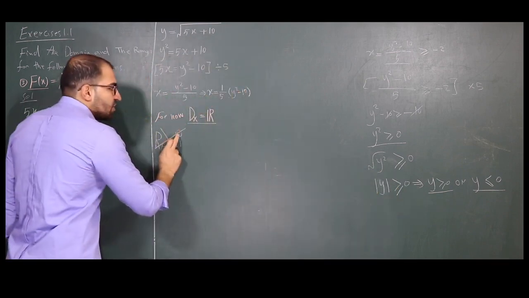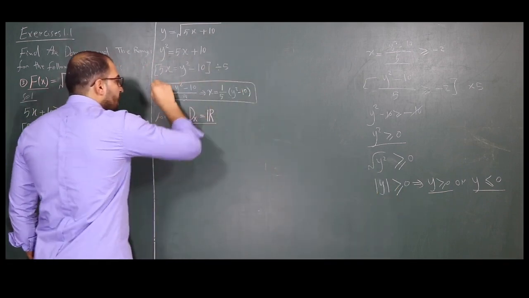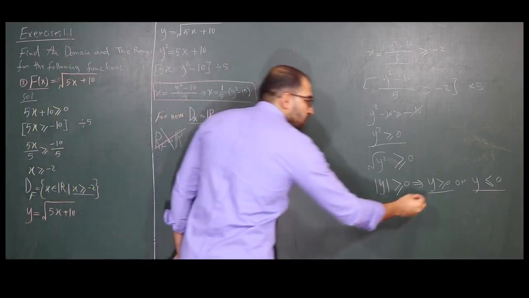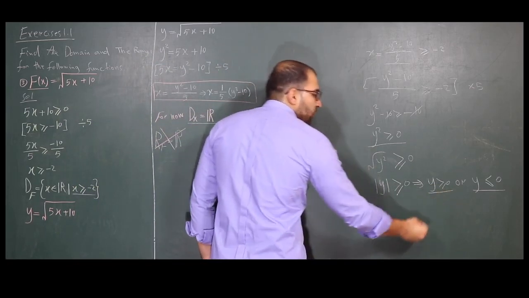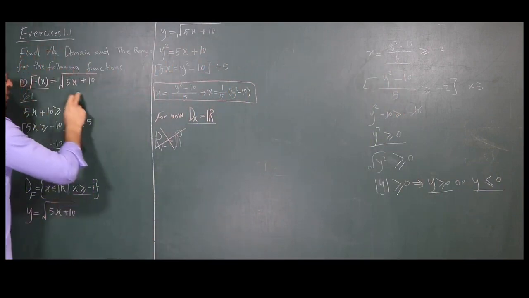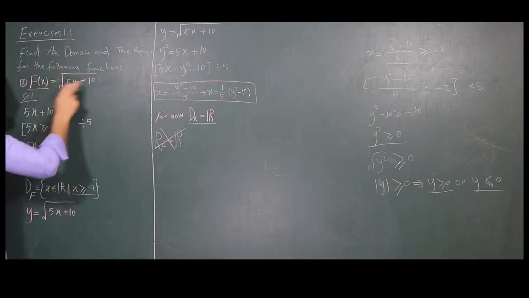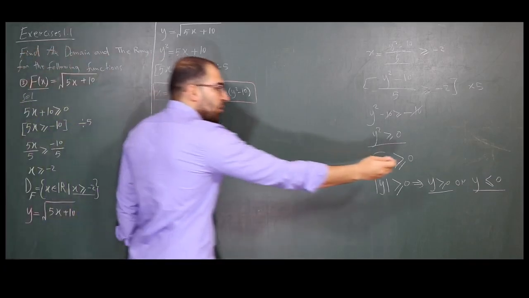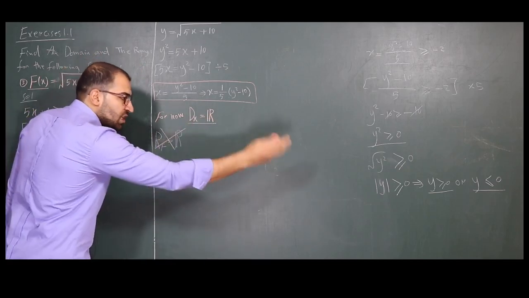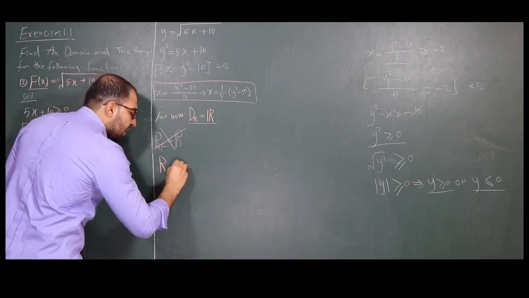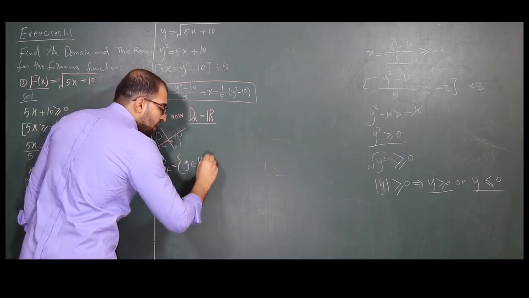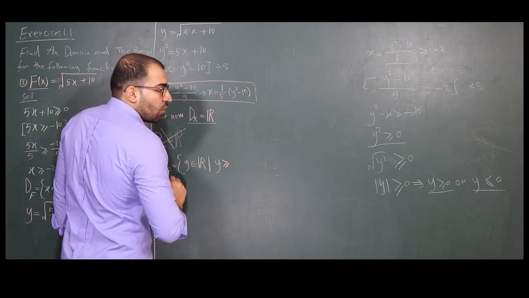When I followed this polynomial, I found that the range could be two sets. It could be y greater than or equal to 0, or y less than or equal to 0. According to the reality that the square root cannot produce negative numbers, it would be the positive numbers. So I can now choose the set which is: the range of the function f is all the y that belongs to the real line such that y is greater than or equal to 0.